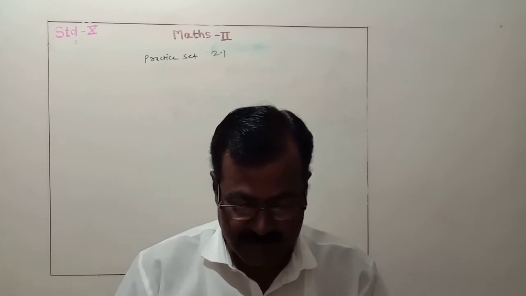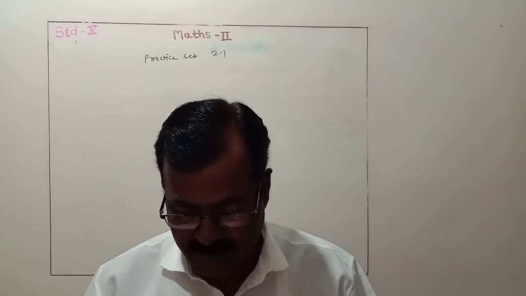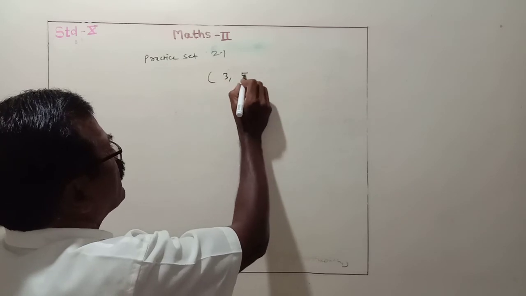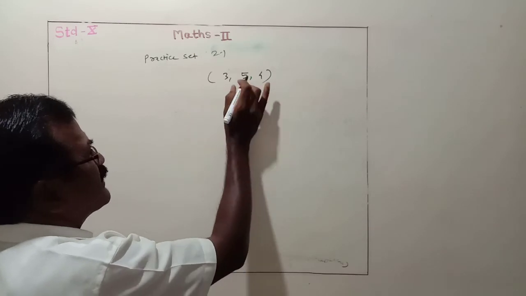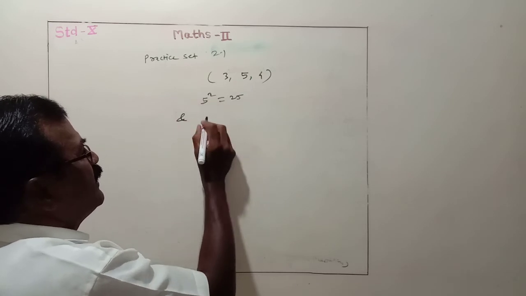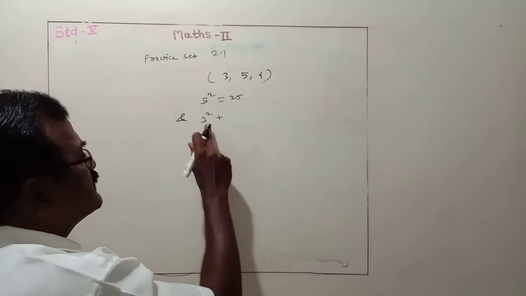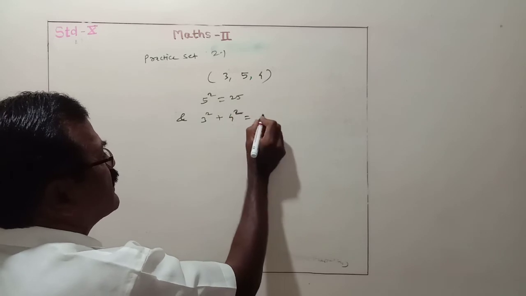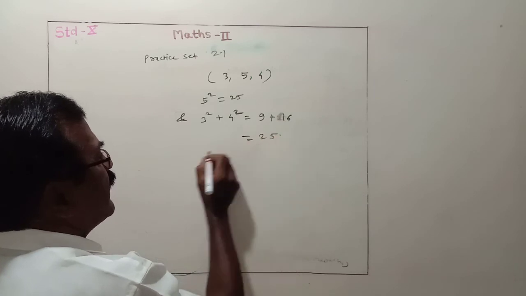For example, first is: identify with reason which of the following are Pythagoras triplets: 3, 5, 4. There are three numbers. The larger number is 5. 5 square is 25. And the sum of the squares of the remaining two sides, 3 square plus 4 square, is 9 plus 16, which is also 25.